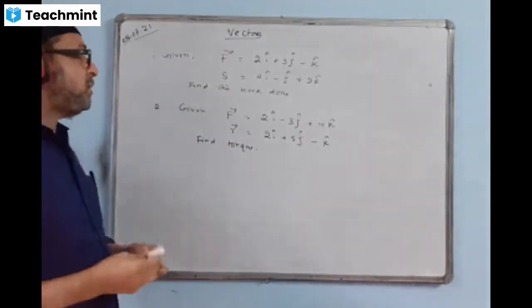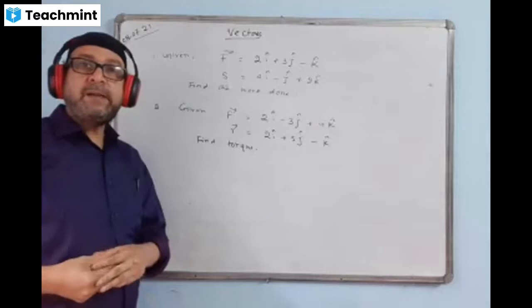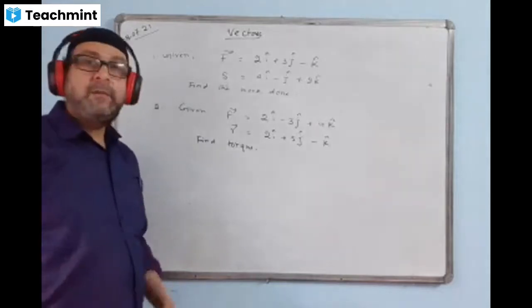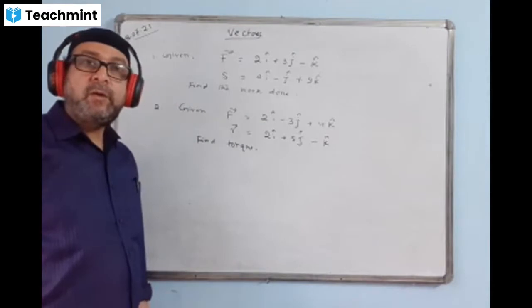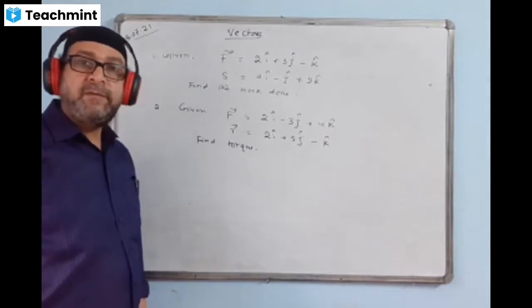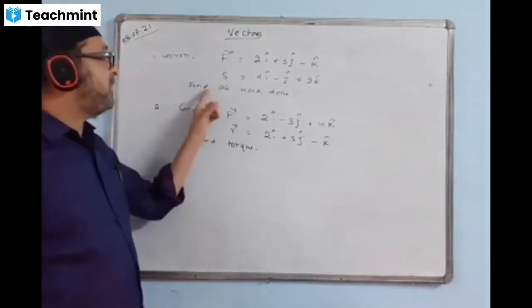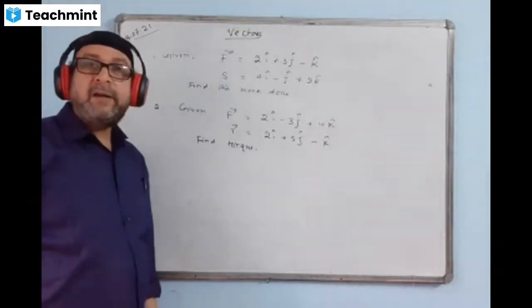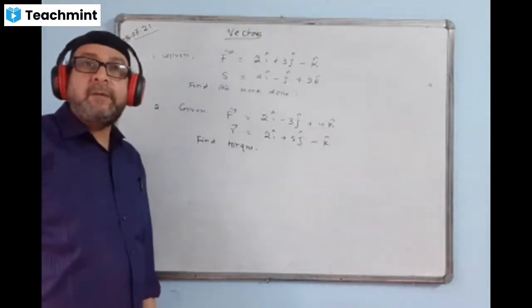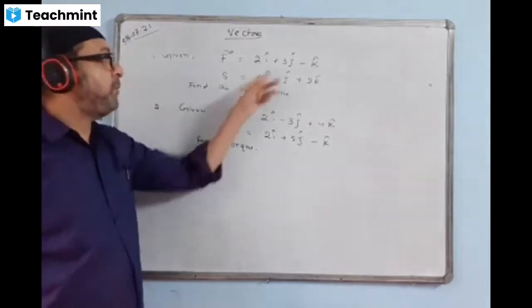These are the two questions. Please try at home and then share the answer with me by tomorrow, or you can send on WhatsApp. By evening you send me the answer. First case you have to find the work done. Second case you have to find the torque. Work done means dot product, means W is equal to F dot S. You take the dot product between them.